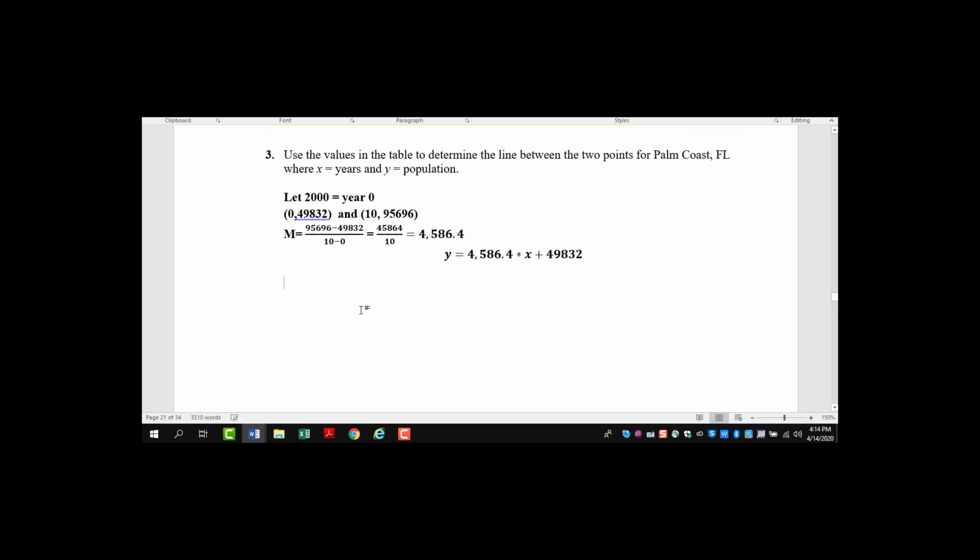Now I want you to be able to use the value of m and the value of b, each one of them in a sentence. So when you put it on pause, leave this up and think about it, and I'll put down an interpretation for m and b.